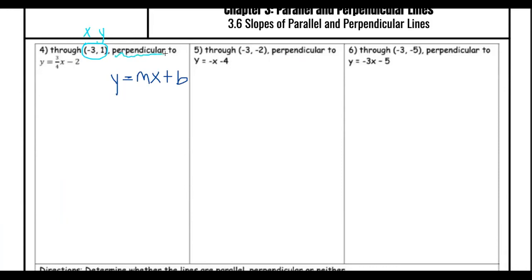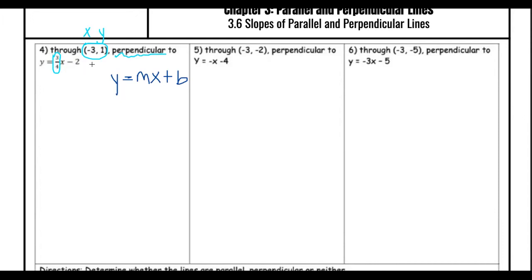Perpendicular is important. That is going to help us with our slope. We know we need negative reciprocals. And this equation is important, specifically the slope of this equation, which is 3/4. Now, we want to use a perpendicular slope. Perpendicular slope means we need to take this slope that was given.